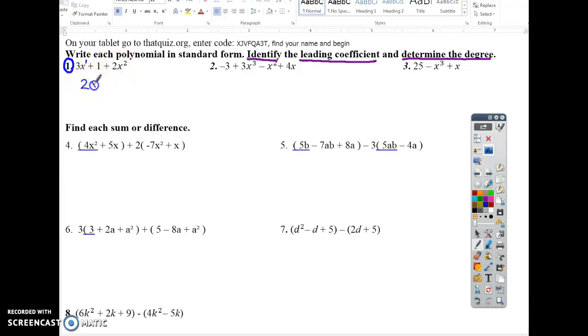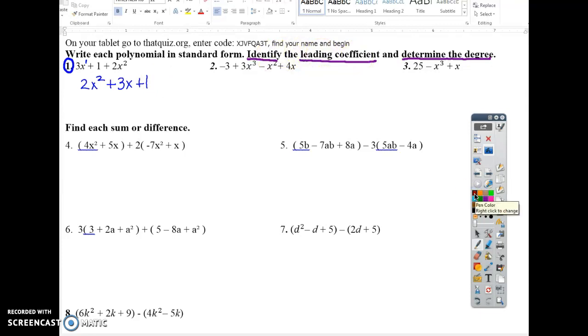So it's a positive 2x squared. Which one is next? The one with the power of 1, and that's a positive, so it's plus 3x. And then the last one will be the one without a variable, so that's plus 1. So again, you have to put them in order of the exponent. So 2, 1, 0, basically. Okay? Then it said to identify the leading coefficient.